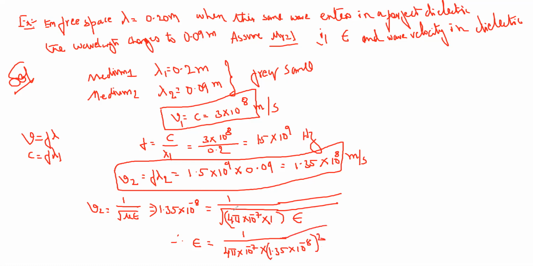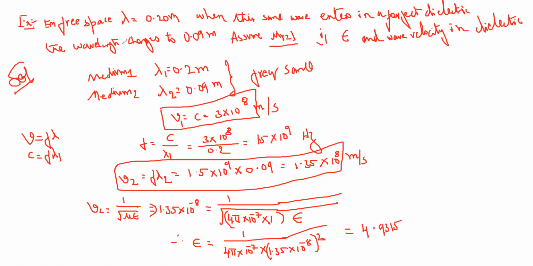Whenever it is squaring, the square root gets cancelled here. Thus, multiply by this epsilon and bring this value to the denominator. So the epsilon we got is 4.9315.